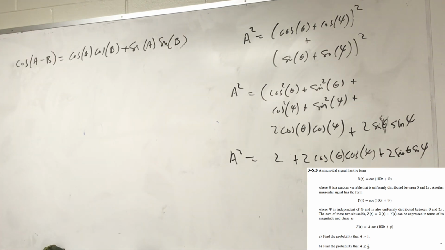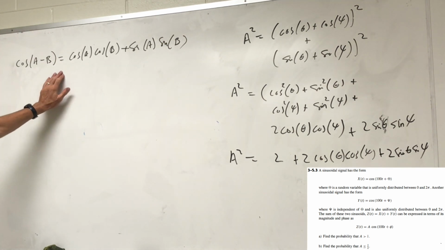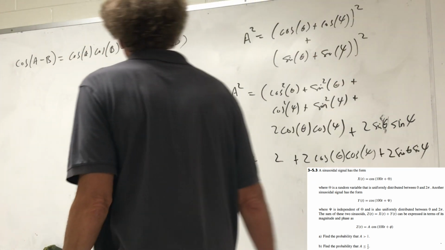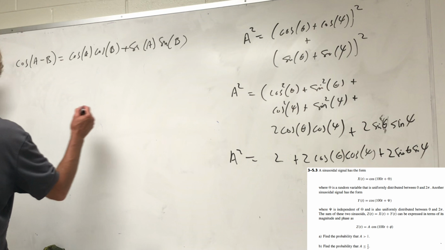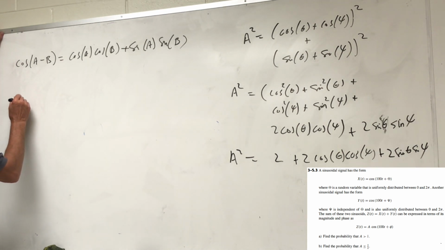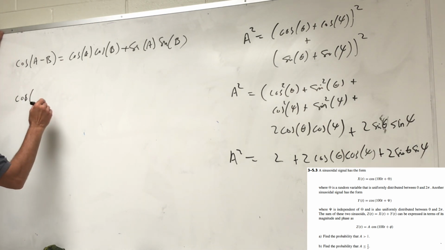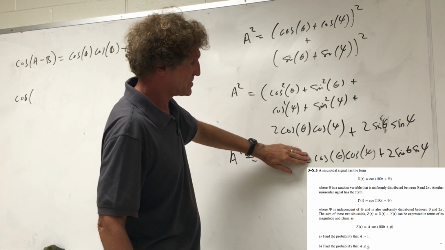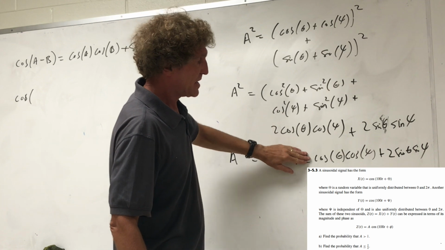Y'all remember the trig identity? I get down to this point, what does that mean? Well, I have the cosine and the sine there, right? So that means that's equal to cosine, what I should say, forget the 2, just this term: cosine theta cosine psi plus sine theta sine psi.